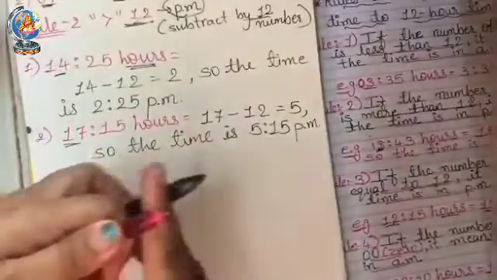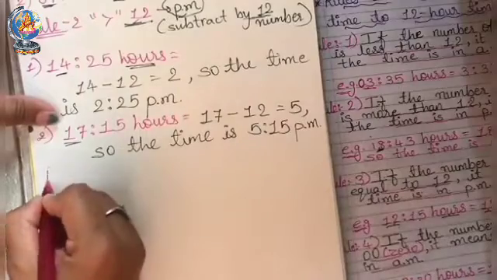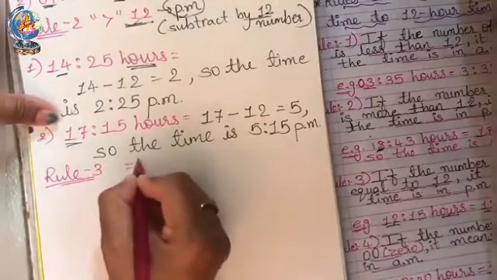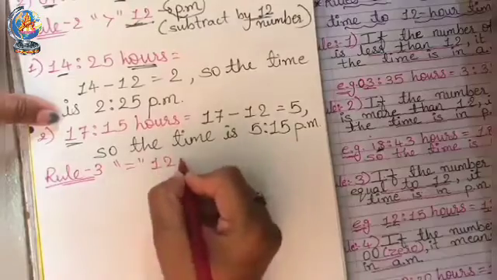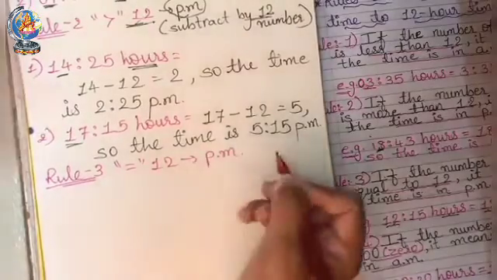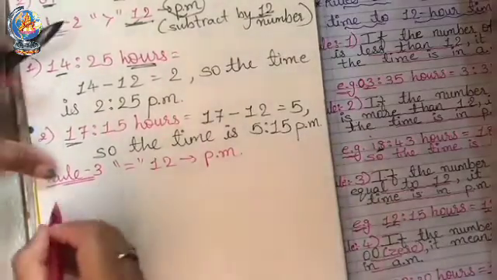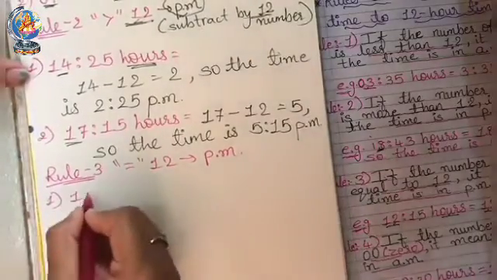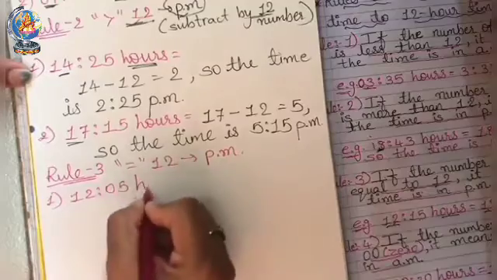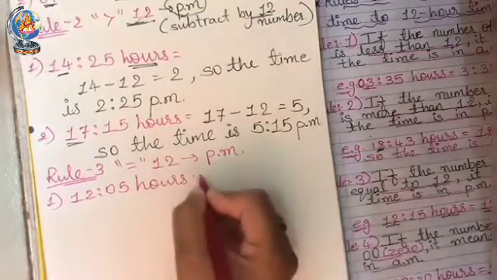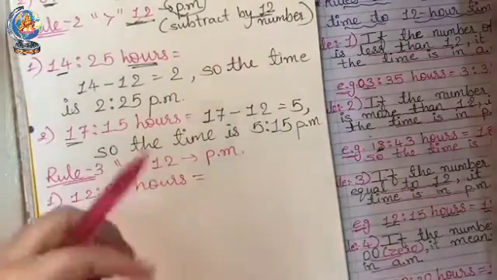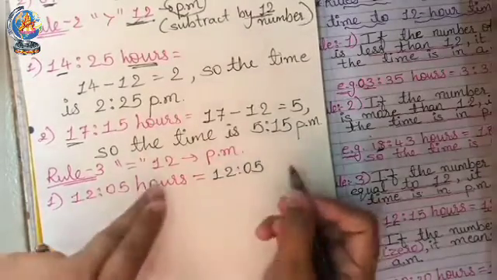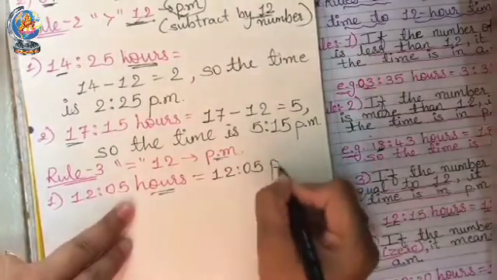Okay. Rule 3: equal to 12, then it will be p.m. First example, 12:05 hours. Simple as that. We will write 12, minutes as they are, and instead of hours we will write only p.m. That's it. Nothing to do.